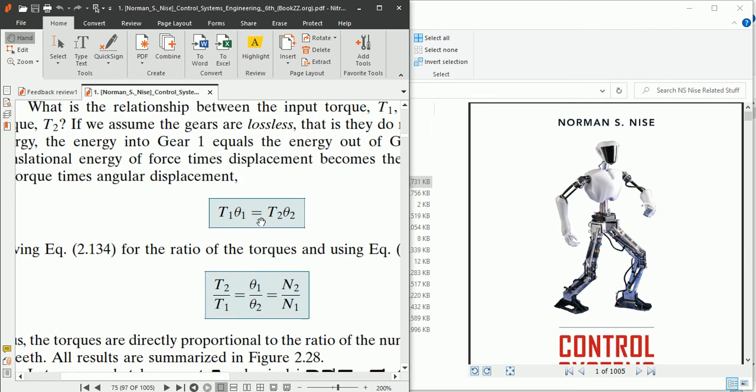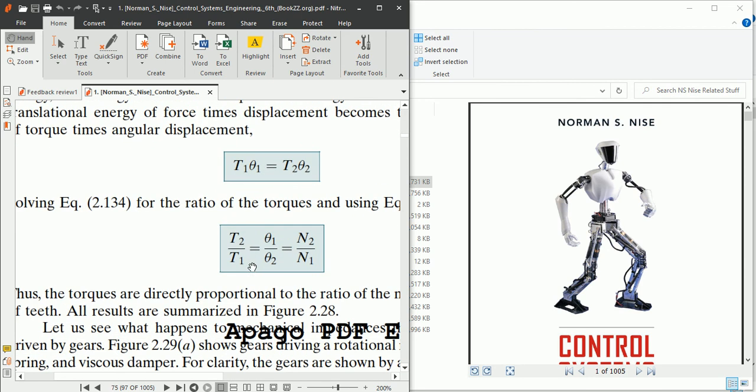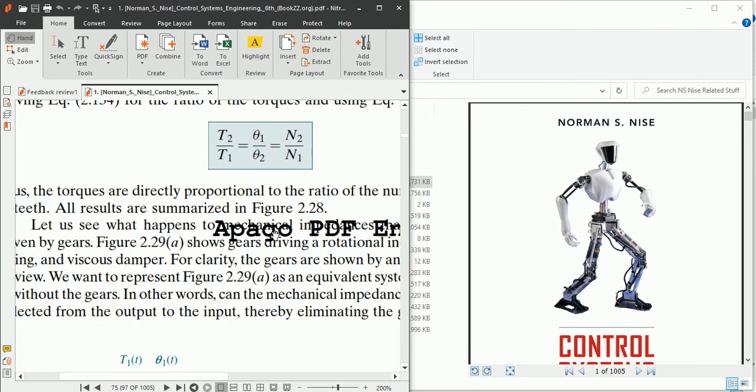So T1 theta 1 is equal to T2 theta 2. It is basically the input power, P is equal to T theta. Rotational power remains constant. So T2 over T1 is equal to theta 1 over theta 2 is equal to N2 over N1.